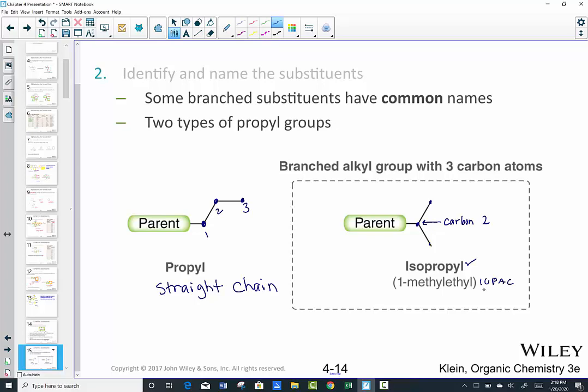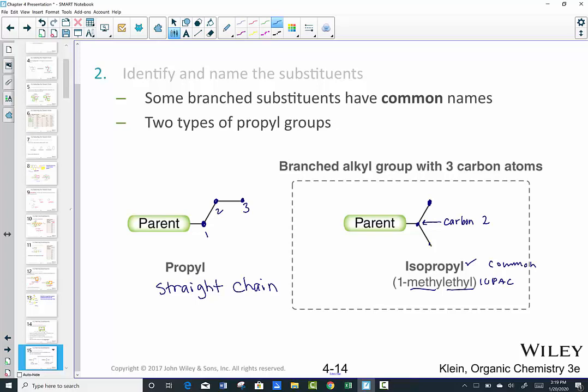and then the IUPAC name for that branch would be 1-methyl-ethyl. Now think about that. The carbon that's attached to the parent is always 1. So the longest carbon chain is the ethyl group, and off of carbon 1 is an attachment that's 1 carbon long. So I name that substituent as methyl. 1-methyl-ethyl is the IUPAC name for that branch, and the common name when we have a 3-carbon branch and the parent is attached to carbon 2 from the branch, we call it isopropyl.